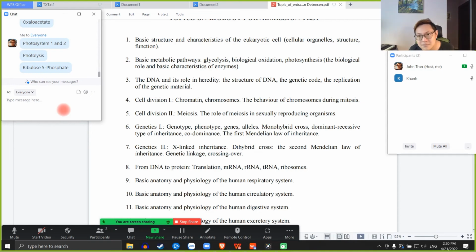The product is an unstable 6 carbon compound that breaks down to 3 carbon compounds called glycerate 3-phosphate.